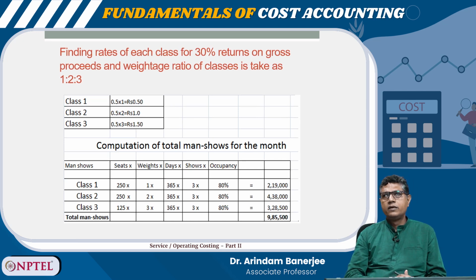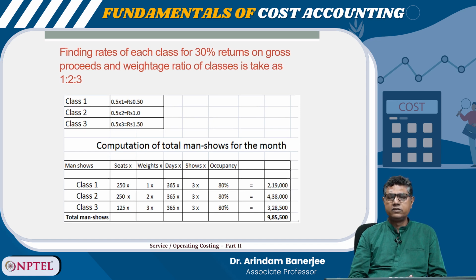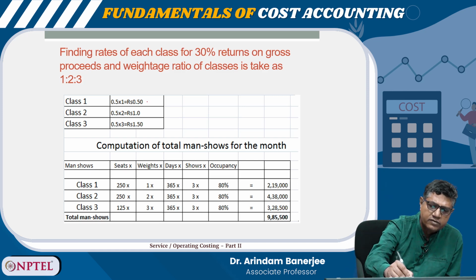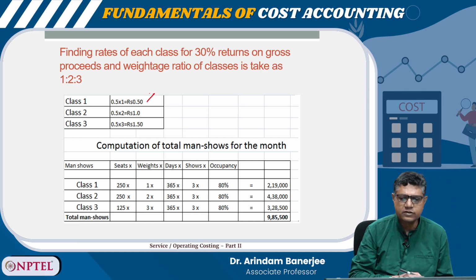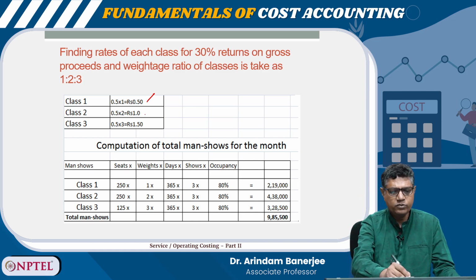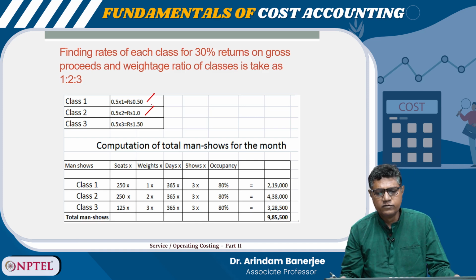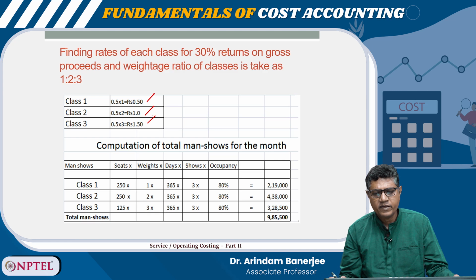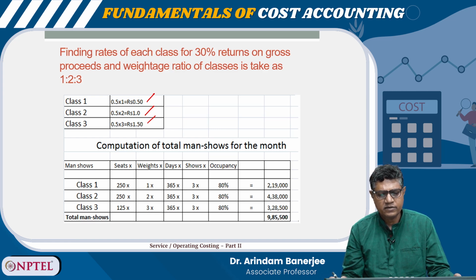Okay. Now, if I have to compute the total man show for the month, how can we do that? So 0.5 into 1, right? For class 1 it is 0.5, 0.5 into 2 it is 1, and class 3 is 0.5 into 3, that is 1.50.